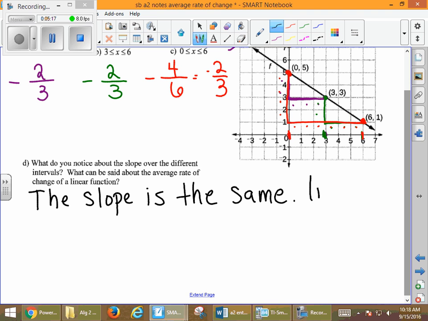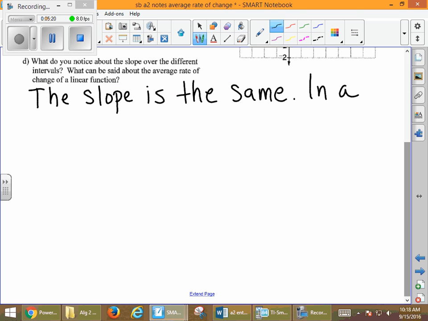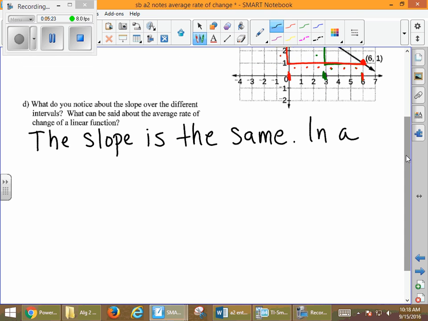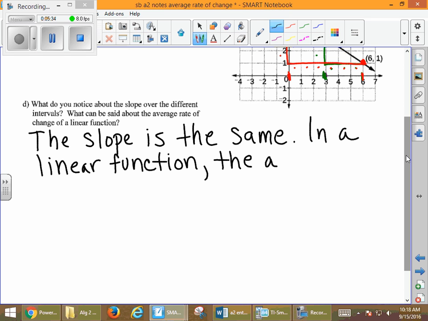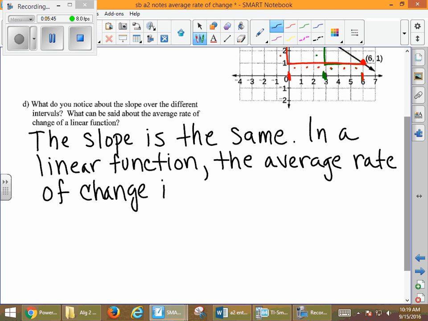Well, in a linear function, the slope, or the average rate of change, I better use, is constant. In a linear function, the average rate of change is constant.